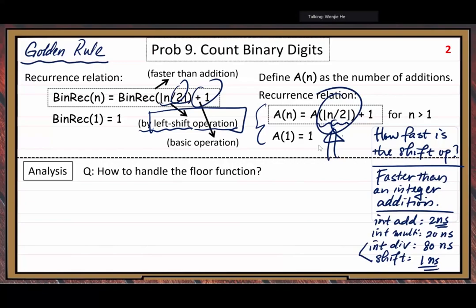Division by 2. Assume n is even. How about that? We assume n is an even number. Then we can take away the floor function immediately, right? Without any loss, because n over 2 is an integer. Then when we apply the floor function, nothing changes.